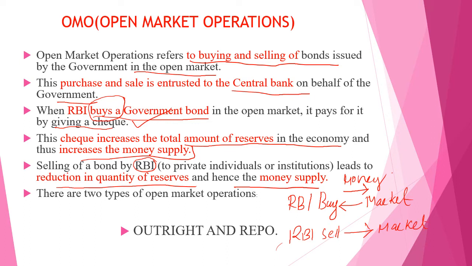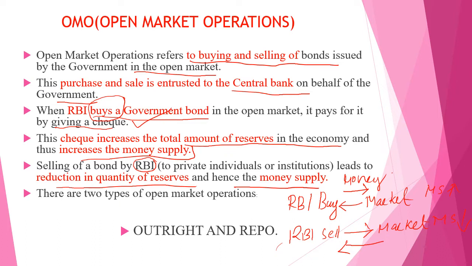Then what will happen? By selling government bonds, the Reserve Bank of India takes money from the market. Here the money supply decreases.